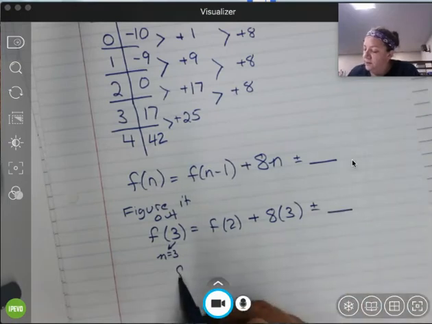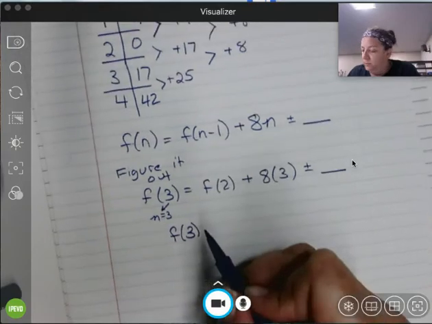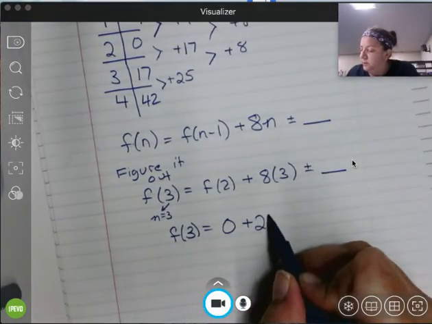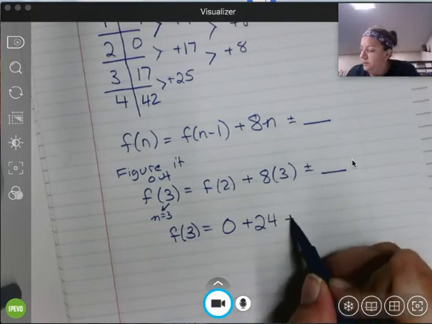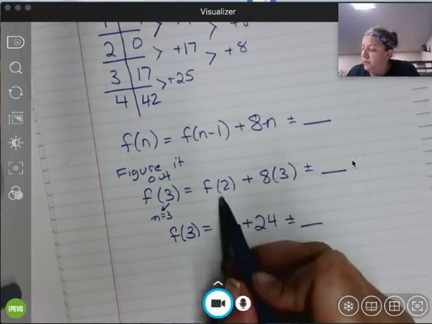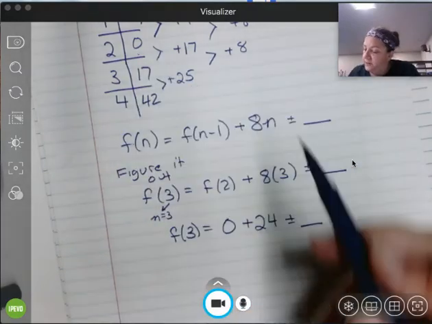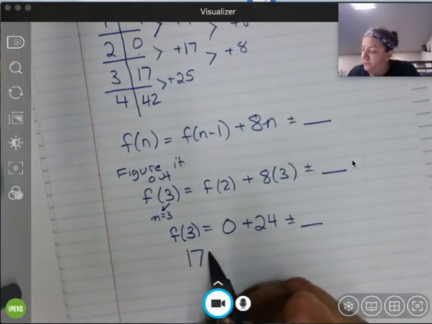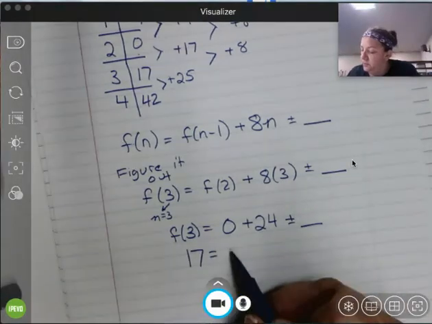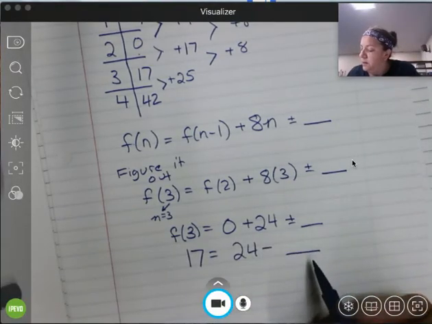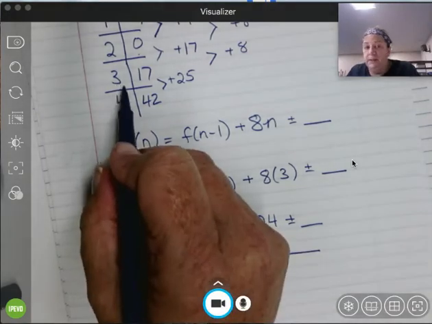Check this out. F of 3 equals, we already know f of 2 is 0, plus 24, plus or minus some mystery number, right? F of 2 is 0. They told us that. Oh, and f of 3 is 17. So f of 3 is 17, 0 plus 24, 24, minus, and I picked f of 3 precisely because I knew the answer.